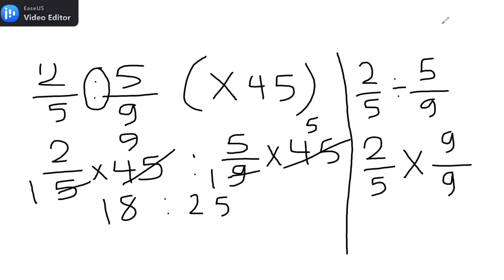Exchange the divided by sign into a multiply sign, and flip the second fraction, put the numerator in the denominator and the denominator in the numerator, to 9/5. So the answer will be 2 times 9 equals 18, and 5 times 5 is 25.